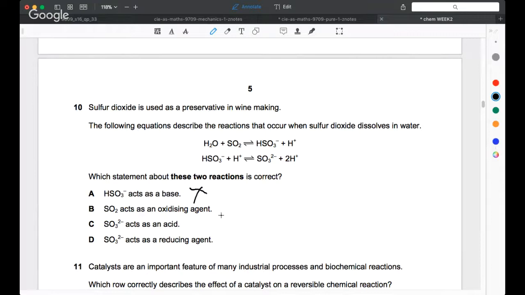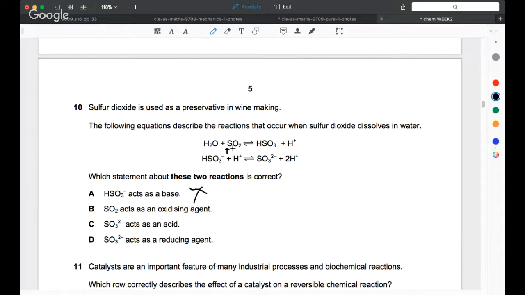SO2 acts as an oxidizing agent. An oxidizing agent oxidizes another while it is itself reduced. So you need to check if there is any oxidation number change.